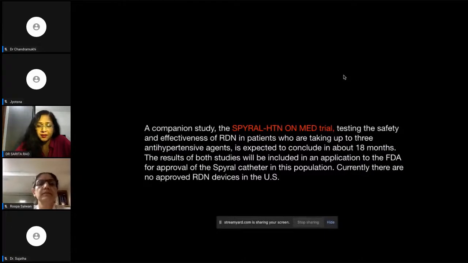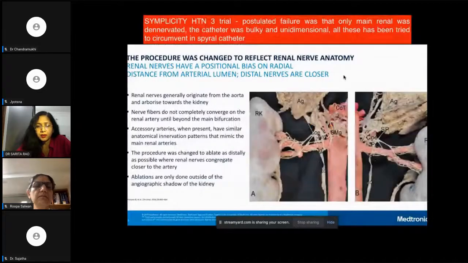The companion study, the SPYRAL HTN-ON MED trial, which tested the safety and efficacy of renal denervation in patients who are taking up to 3 antihypertensive agents, is expected to conclude in about 18 months. The results of both of these will be included in an application to the FDA for approval of the Spyral catheter in this population. Currently, there are no approved RDN devices in the United States.